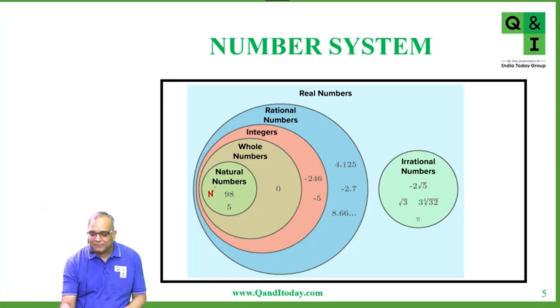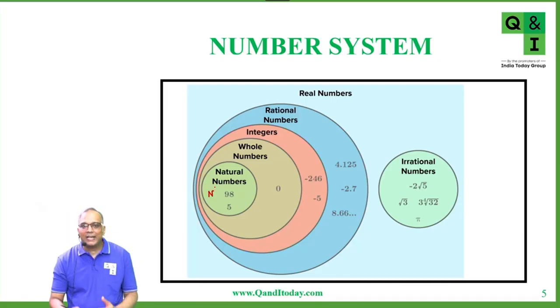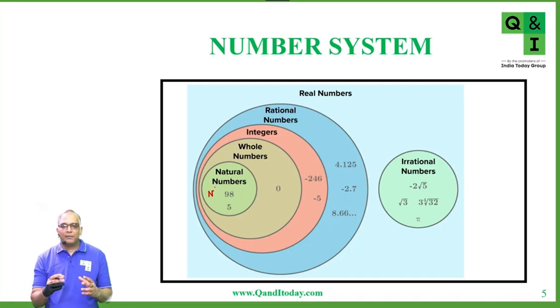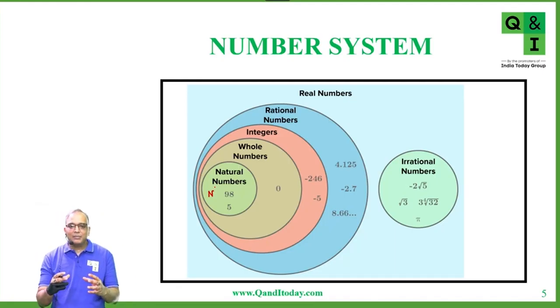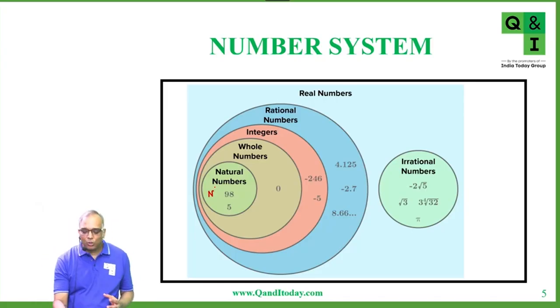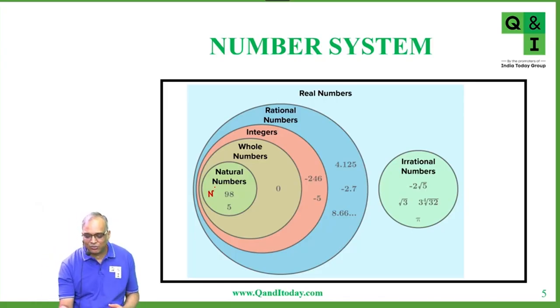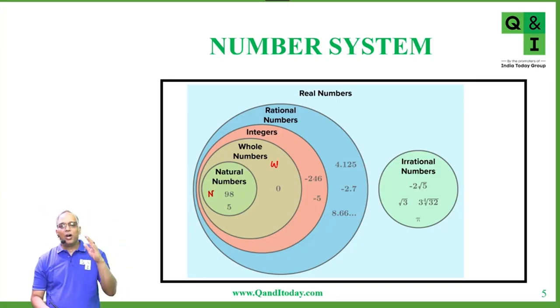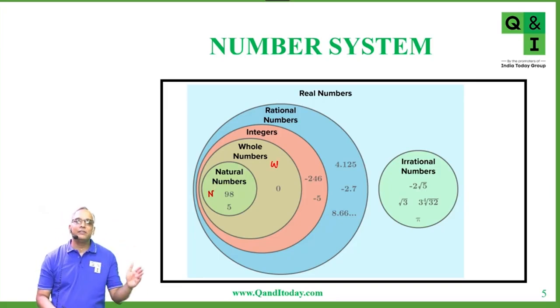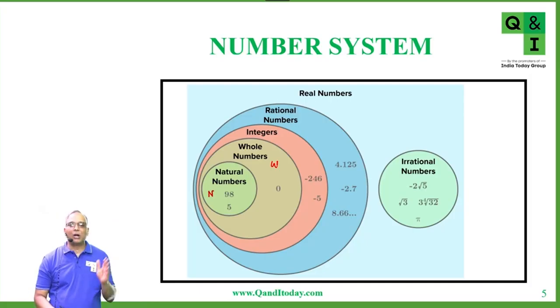Then comes a set which is bigger than the natural numbers: the whole numbers. Natural numbers are a subset of whole numbers. Whole numbers are denoted by capital W. All natural numbers along with zero are called whole numbers, so counting numbers starting from zero are whole numbers.